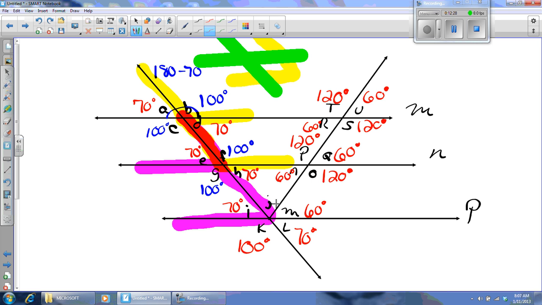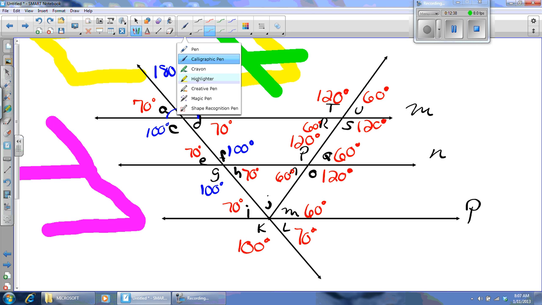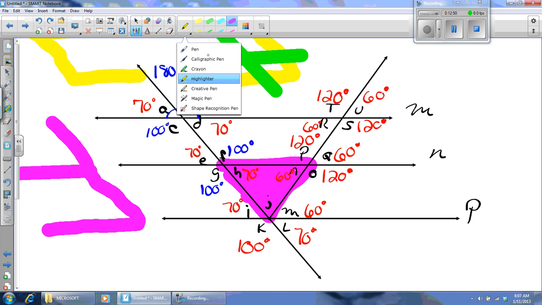The only one I have left is J. And look at this right here. Let me get rid of these highlights, get them out of my way. What do I have here? I have a triangle. How many degrees are in a triangle? Well, 180. I have two angles of the triangle.